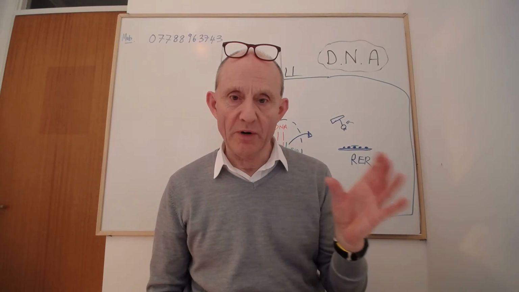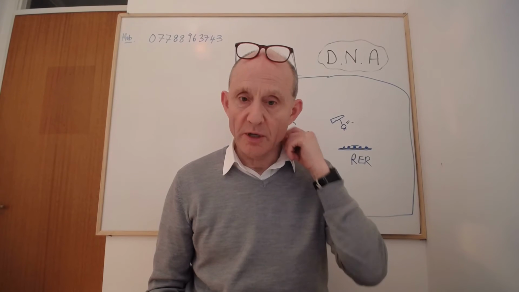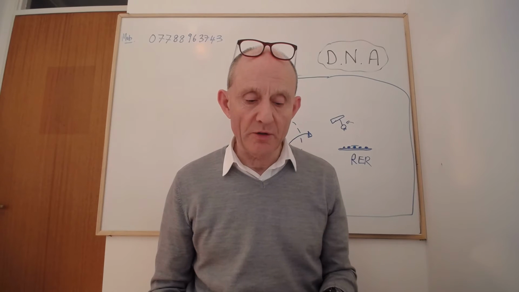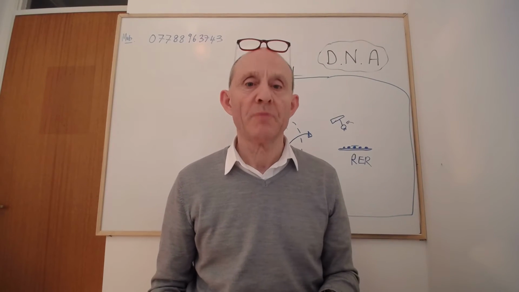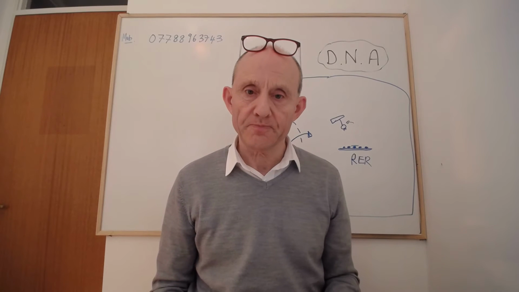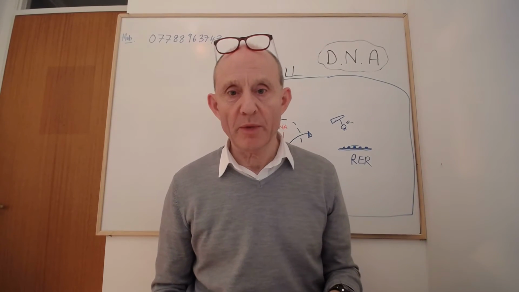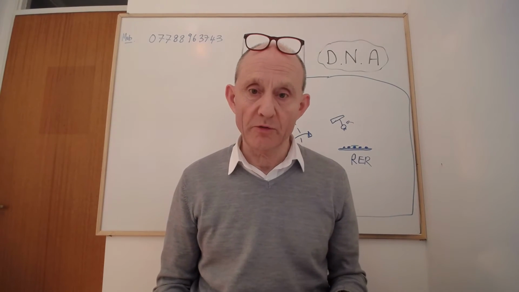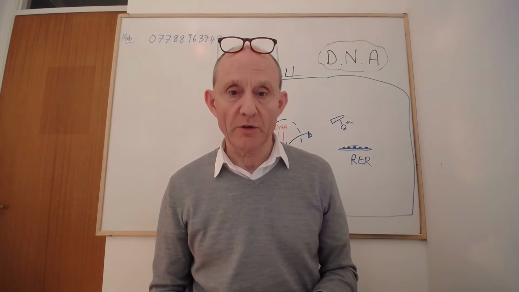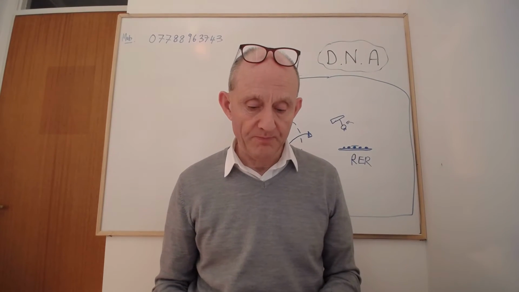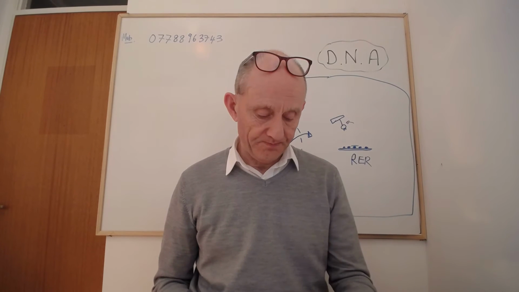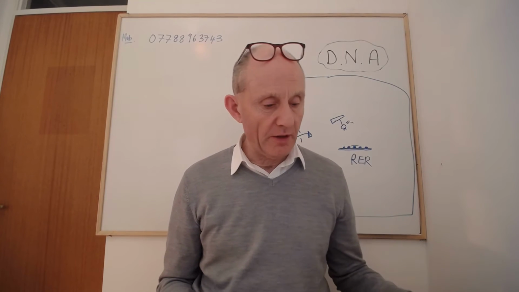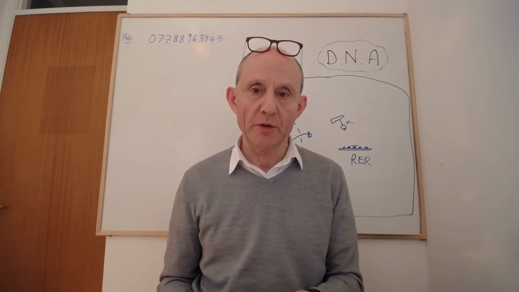It basically says DNA is a very large molecule, it's double-stranded, it contains the bases adenine, guanine, cytosine and thymine, and its nucleotides contain the sugar deoxyribose, whereas RNA is a much smaller molecule, single-stranded, contains the base uracil instead of thymine, and its nucleotides contain the sugar ribose instead of deoxyribose. Essentially that's the role of DNA and RNA in protein synthesis.